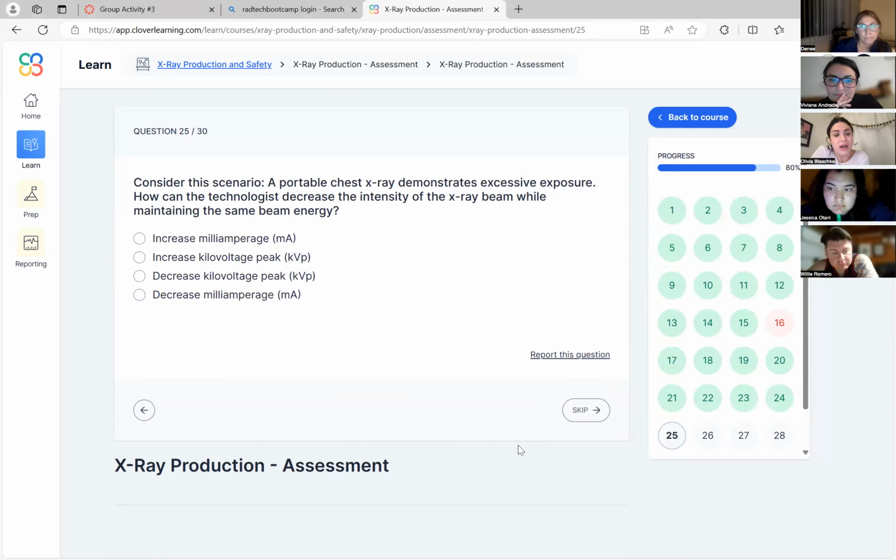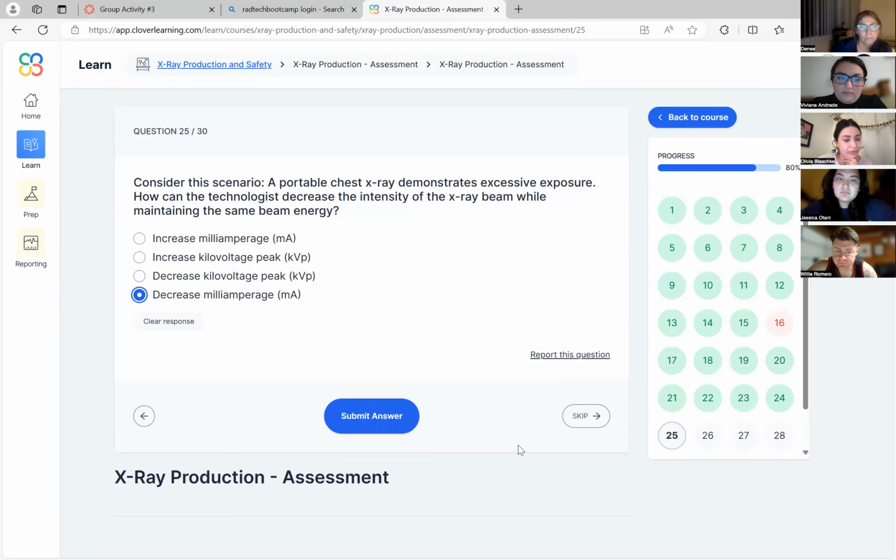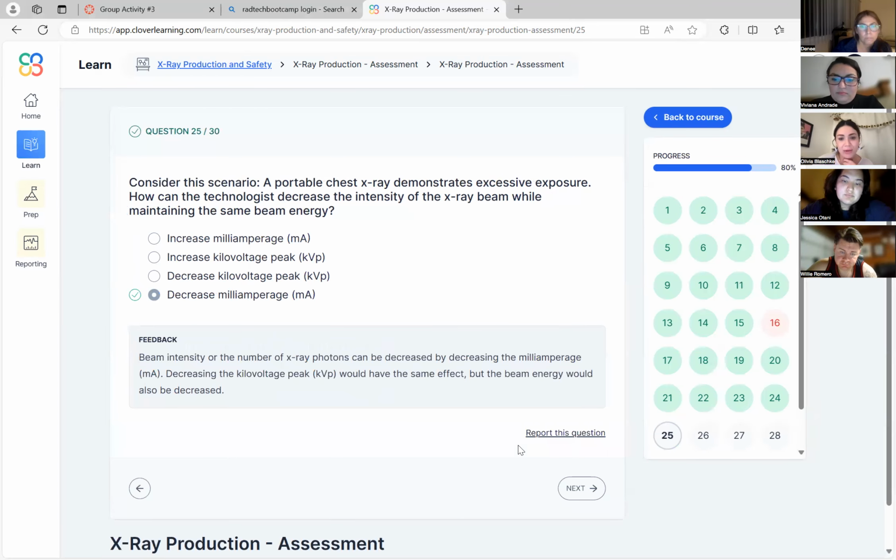Yeah, good. Just because I always think energy, we had that question earlier. The energy of the beam is kV, and we want to keep the same beam energy, so we'll keep the kV the same. And you're saying to decrease, sorry, decrease mA? Yes. Okay. We'll try that. Okay, wonderful.